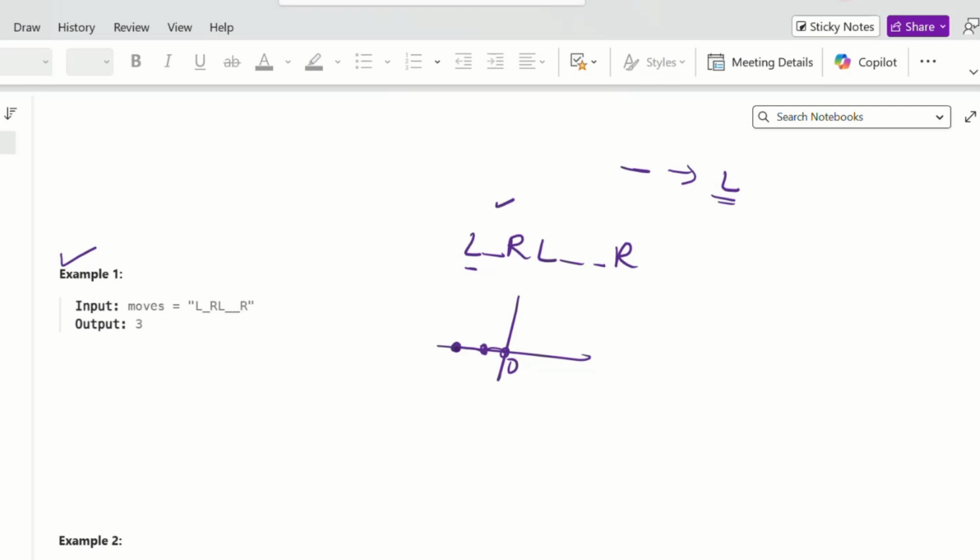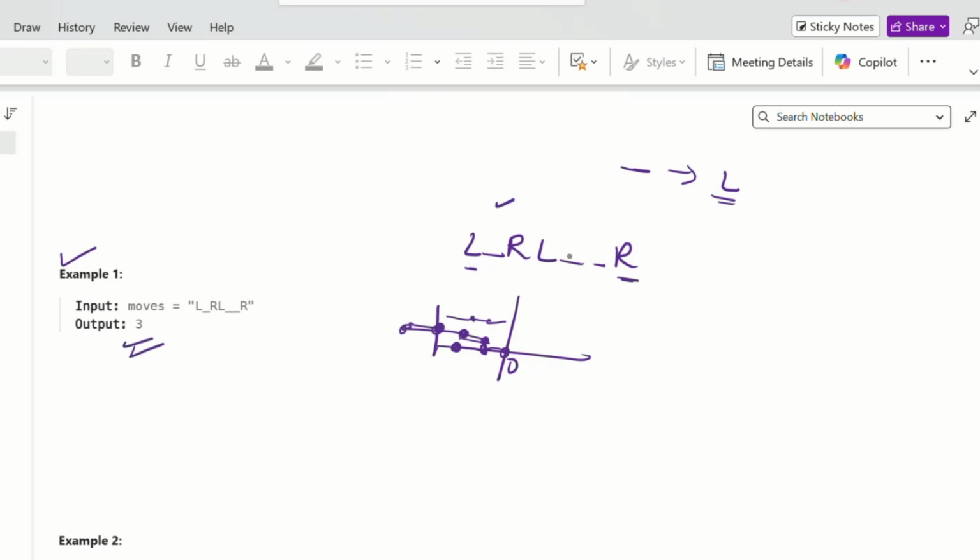So for dash I move one unit left, then right, then I again move left, then for dash dash I move two points to the left, then R I move one more point to the right. So how much distance am I from the origin? 3. So I can return 3. I need to find the maximum.